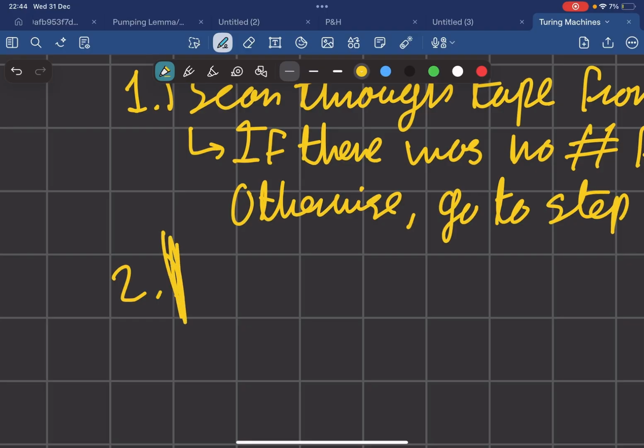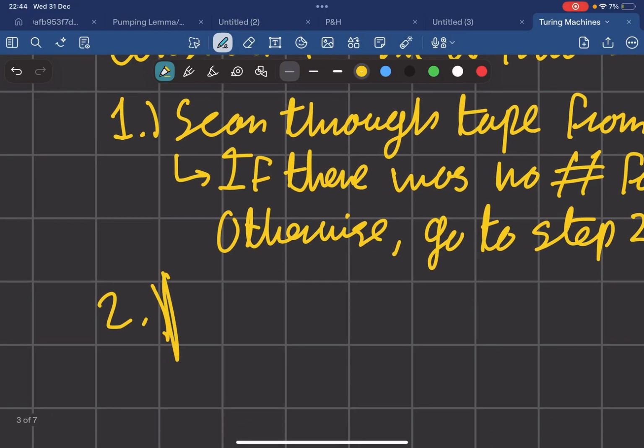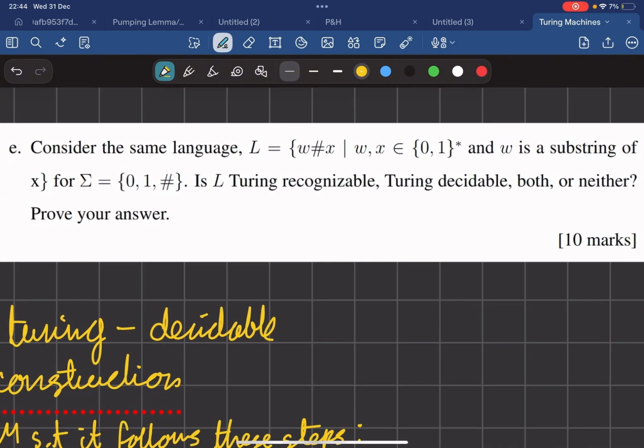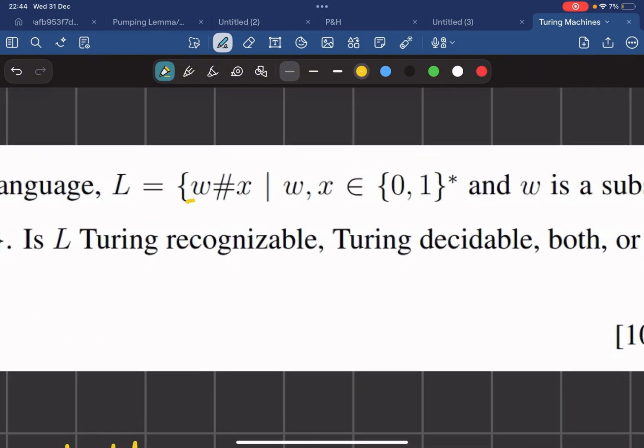Okay, now this brings us on to the next point. Now we need to implement the algorithm. So we're going to try and match the characters in W with every starting position in X, which is the second string.